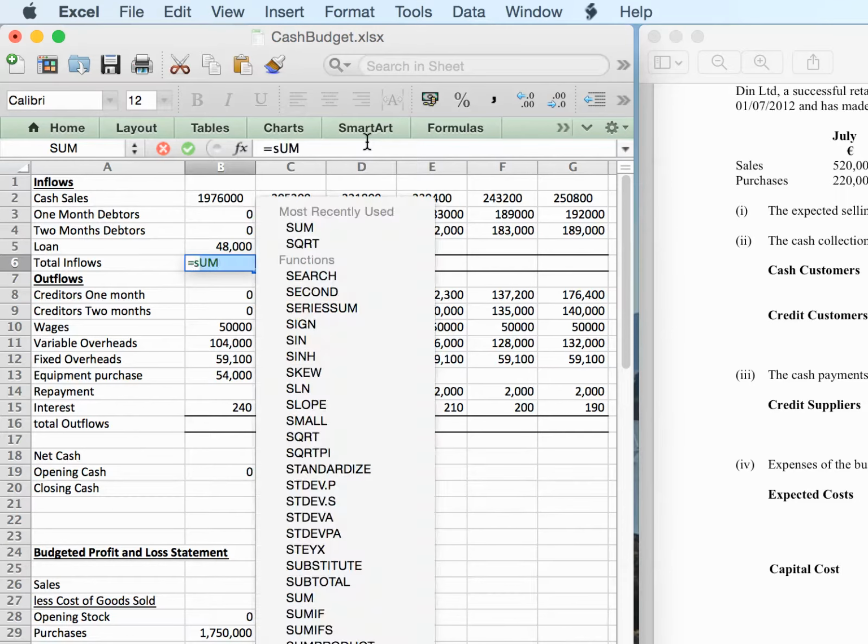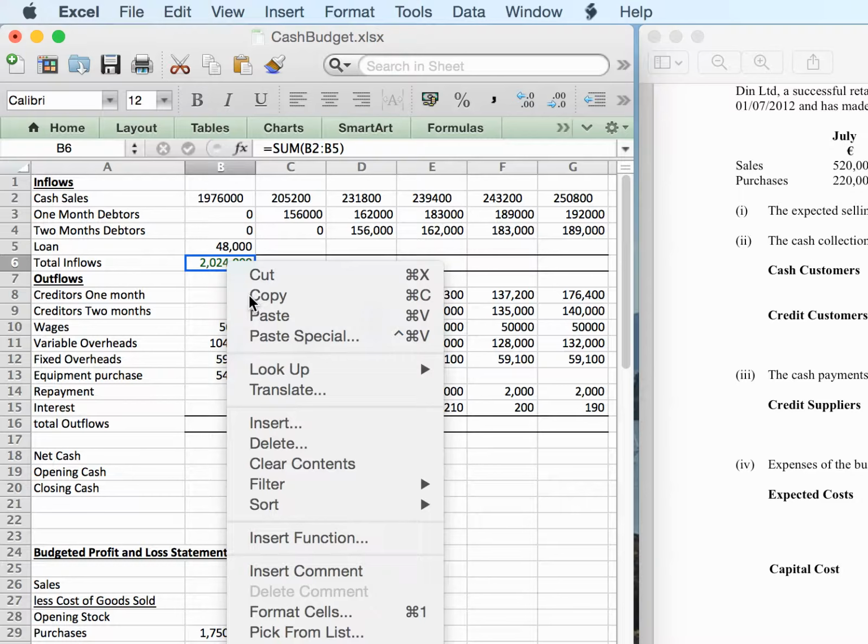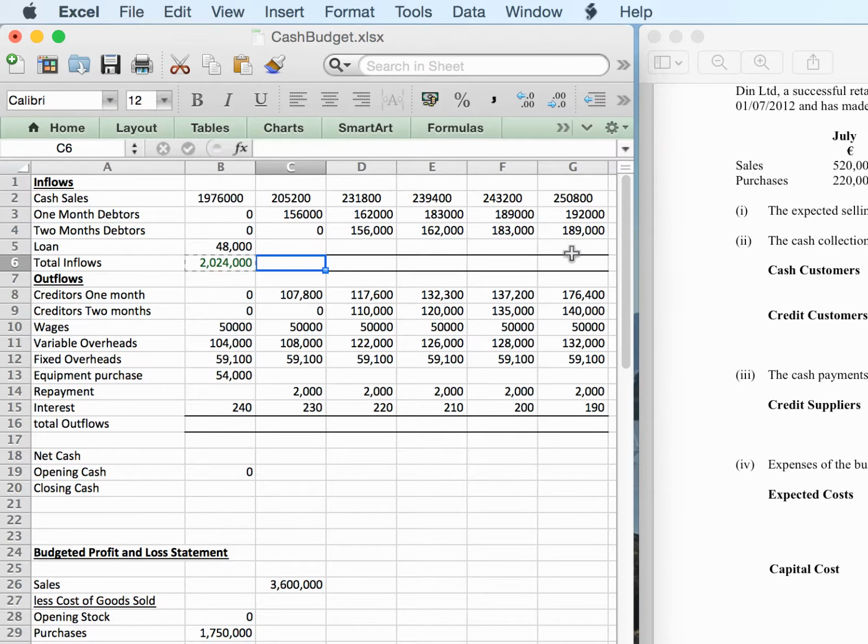So I add everything here from there down and including my loan, and then I'm going to copy that and paste that into the same all the way along here, and I'm going to do something similar here.